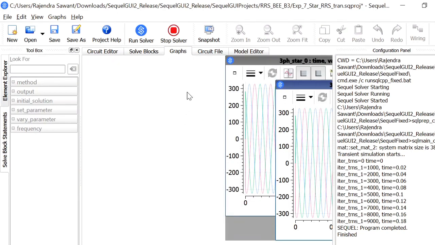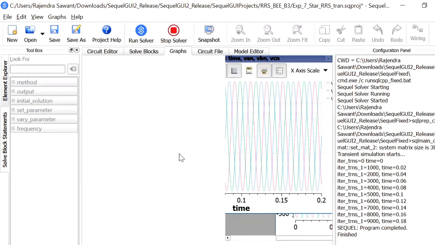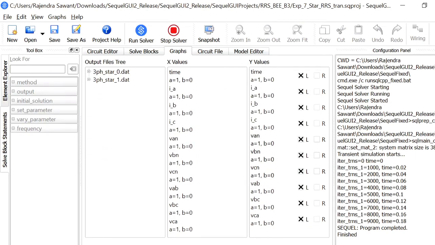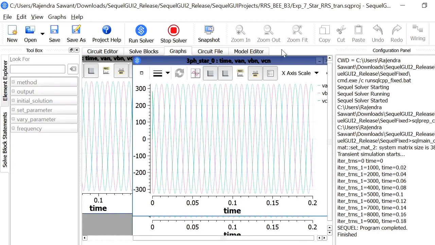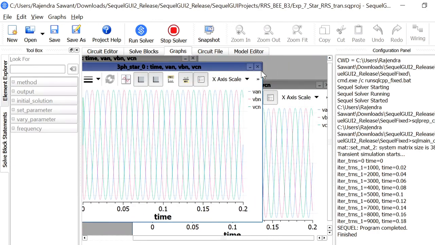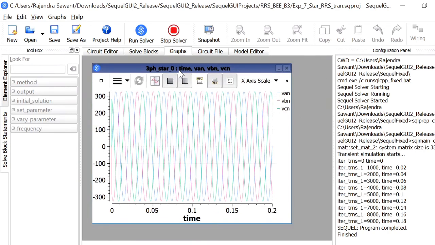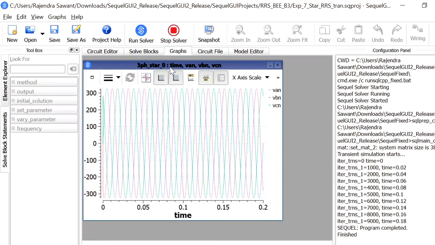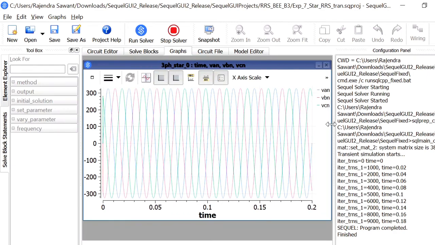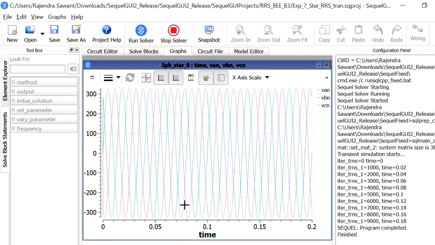Here we find VAN, VBN, VCN. These are basically the source voltages.